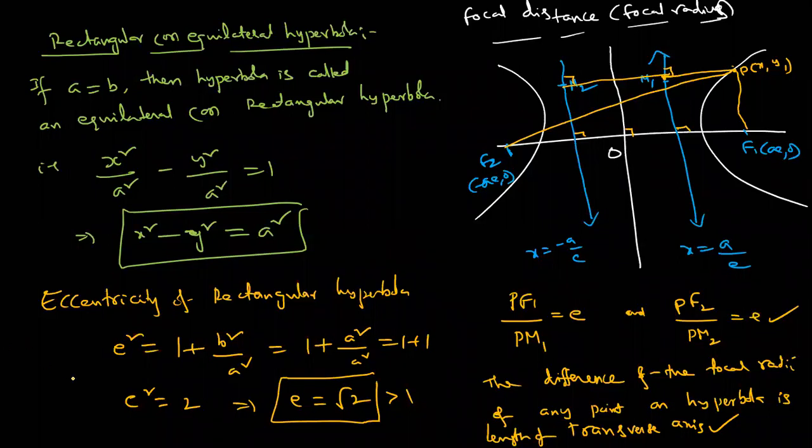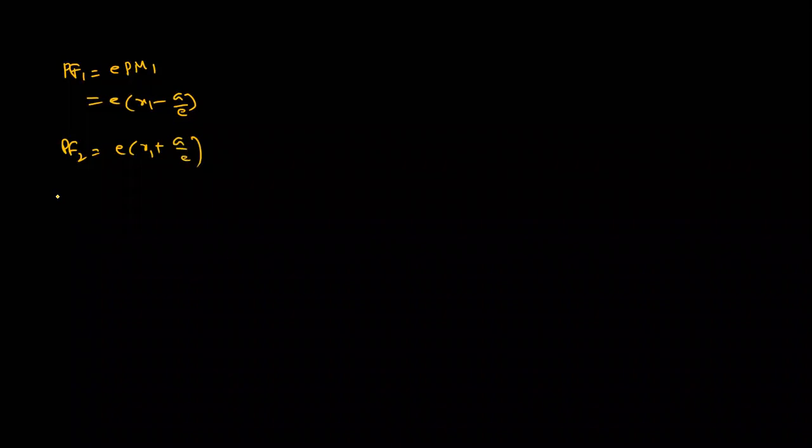Next. Now, what is the definition here? PF1 is equal to e times PM1. What is the value of PM1 from the diagram? x1 minus a by e. Similarly, PF2 is e times x1 plus a by e. So PF1 minus PF2 is how much coming? See carefully, 2a is coming as the distance. That's the meaning.